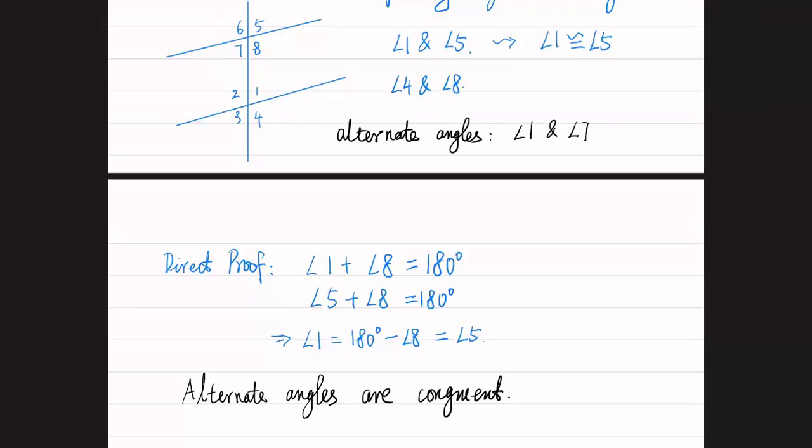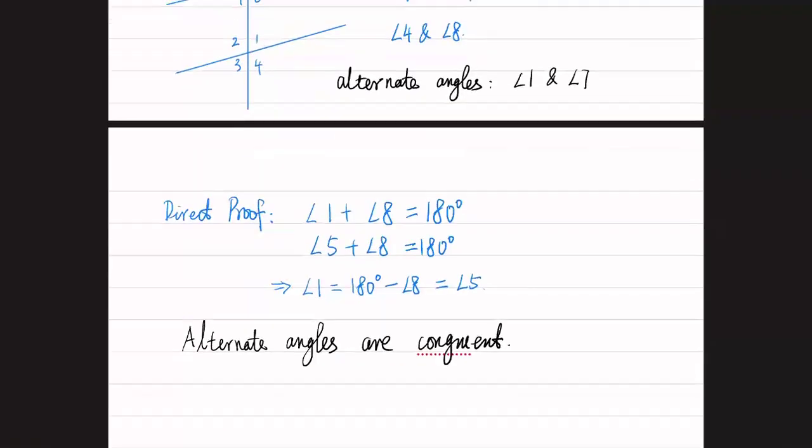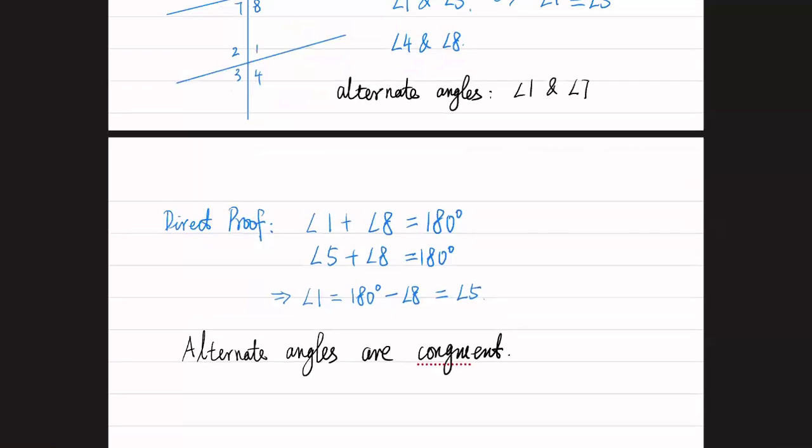So we use similar stuff. 1 and 8 are supplementary, 7 and 8 are supplementary. So 1 and 7 are supplementary to the same angle. Therefore, 1 and 7 must be the same. Okay, so I will ask you to finish this proof. Okay, I will stop here and check any questions.